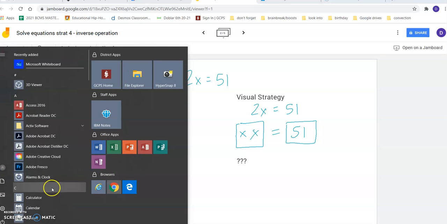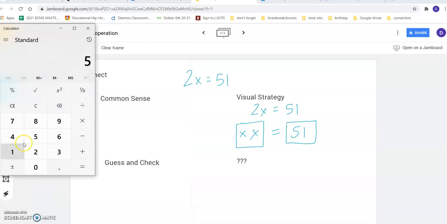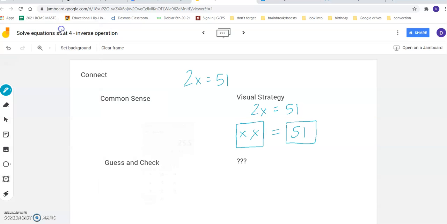I would have to take that 51 and divide it in half, and each x would be 25 and a half, like that. So that was our second strategy, the visual sometimes helps you make quick sense of it when common sense doesn't apply or isn't useful.